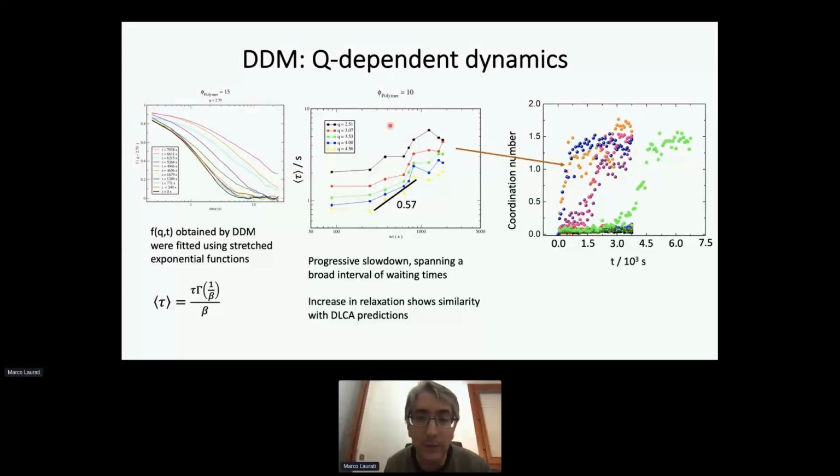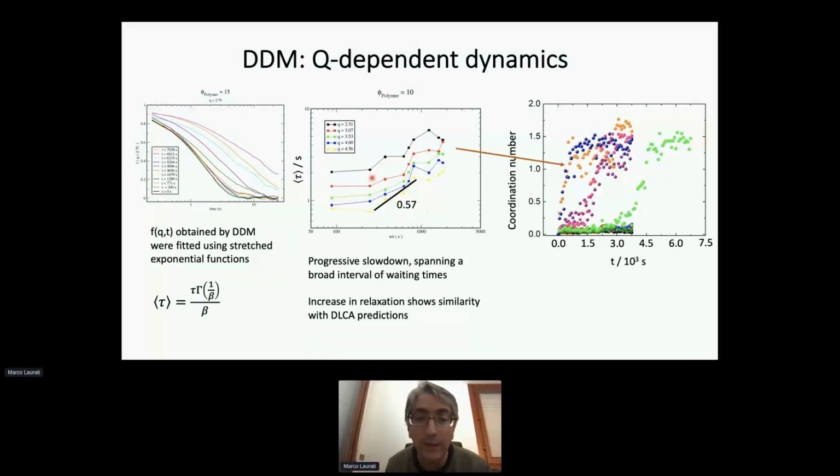And then we plotted the evolution with waiting time of these average relaxation times. And for systems which are essentially at the onset of aggregation, gelation, we found a progressive evolution of this relaxation time.